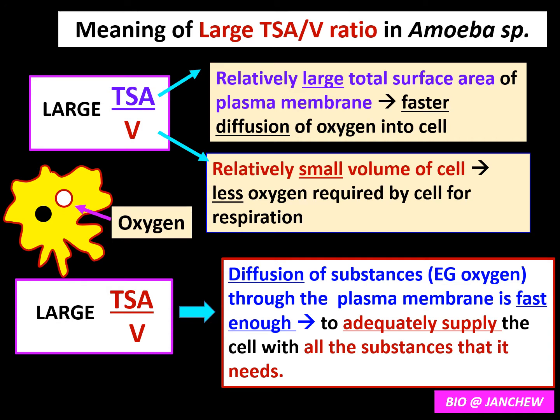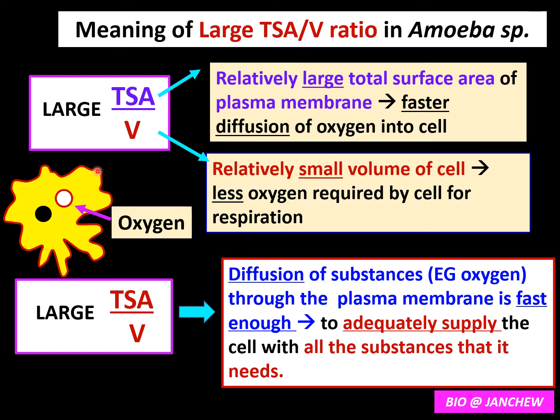Now let us try to understand the meaning of the term large total surface area per volume ratio, or TSA per V ratio, in amoeba species, and what the significance is. Now, amoeba species actually has a very small total surface area, as it is a small organism.